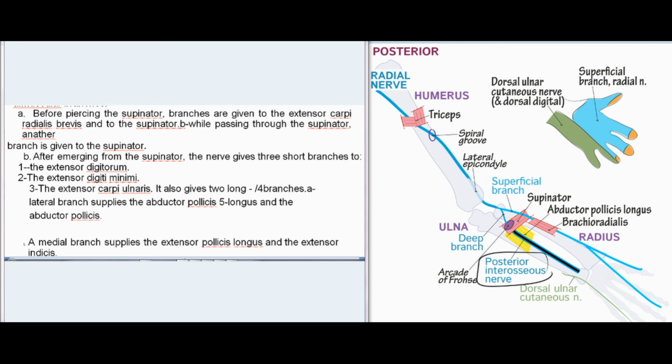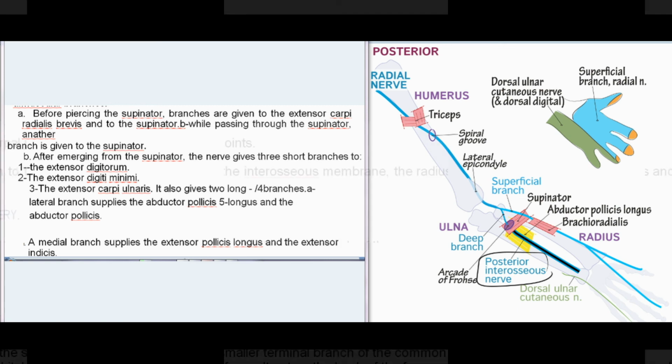After emerging from the supinator, the nerve gives three short branches to 1. the extensor digitorum, 2. the extensor digiti minimi, 3. the extensor carpi ulnaris. It also gives two long branches: 4. a lateral branch supplies the abductor pollicis longus and the extensor pollicis brevis; 5. a medial branch supplies the extensor pollicis longus and the extensor indicis.